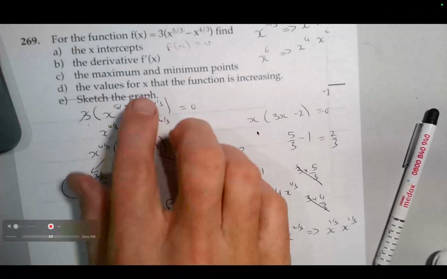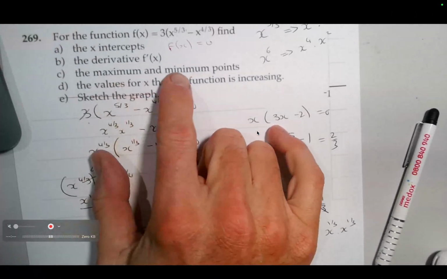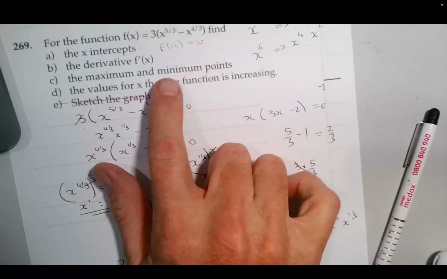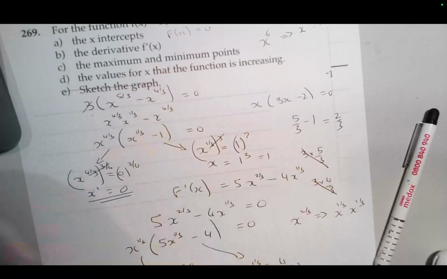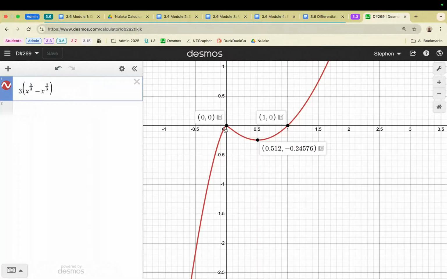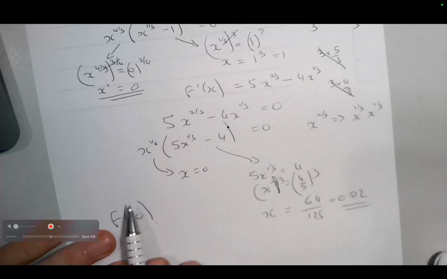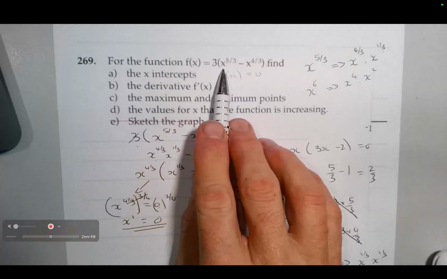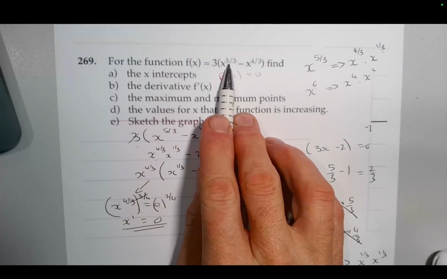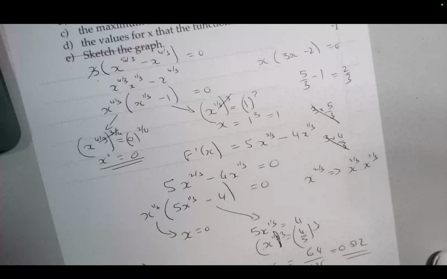But the question does ask for the maximum and minimum points. So I guess the quickest way is graphically, to prove how we know that coordinate point is 0. You could go back to here and put 0 in the original function. What happens? 0 to that is 0, so 3 times that is going to be 0.